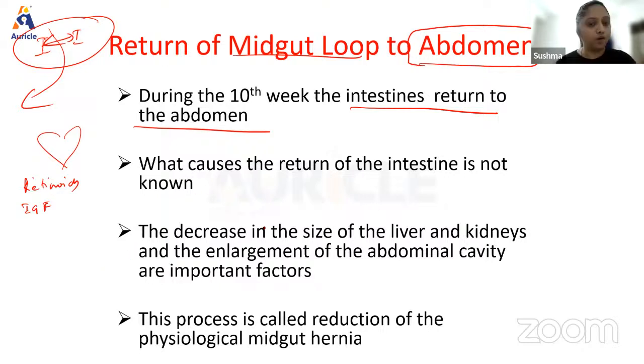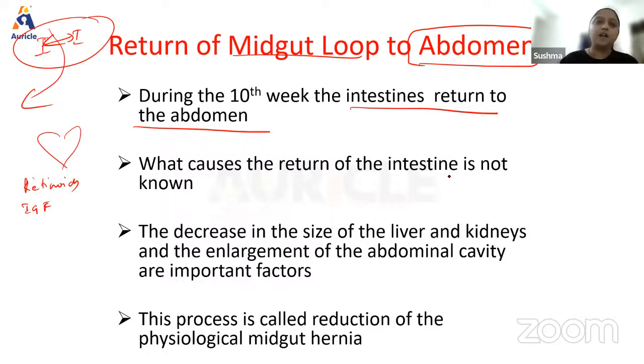Okay, maybe one of the things is the decrease in the size of the liver and the kidneys and the enlargement of the abdominal cavity may trigger it, but nobody knows at what size, or developmentally speaking, at what stage they come back.